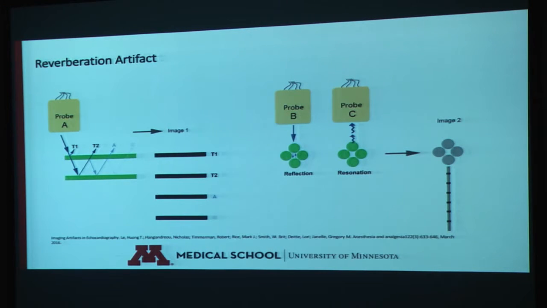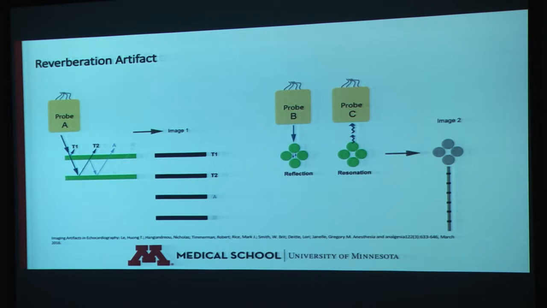Next, we have reverberation artifact. This can be formed a variety of different ways. As you can see here, if we go with the image on probe A, probe A is a situation where you have two reflectors that are pretty close to each other.